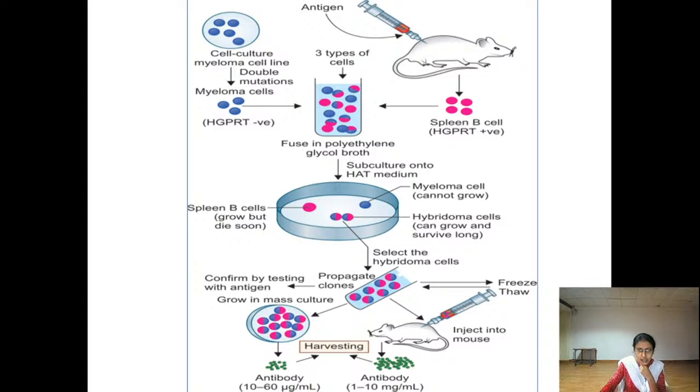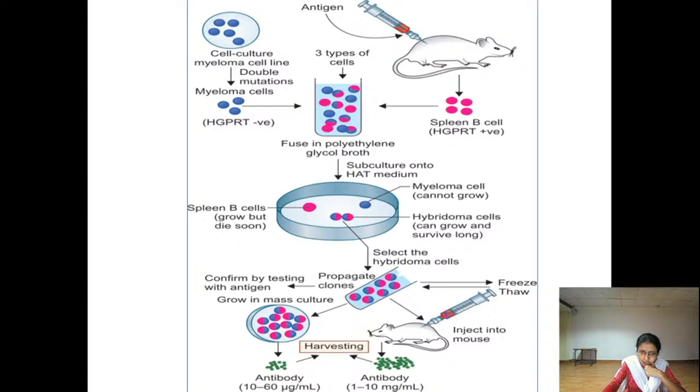One way is to culture them to generate a clone of identical cells, producing a pure form of monoclonal antibodies. Another way is to inject the desired hybridoma cell into the peritoneal cavity of the mouse, where it can multiply and produce monoclonal antibodies in the ascitic fluid of the mouse.